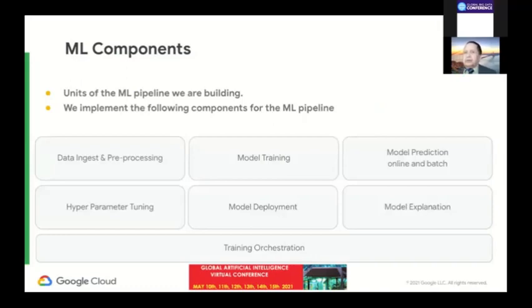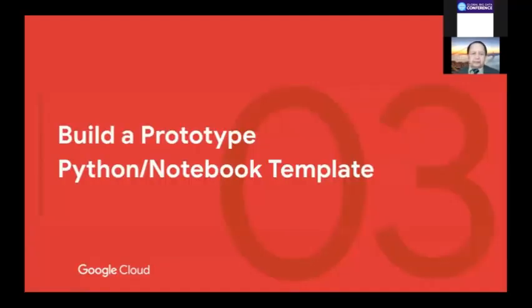Here are once again some of the components of the ML model: data ingest, pre-processing, hyperparameter tuning, model training, model deployment, prediction, online and batch, model explanation, and training orchestration. So we are going to implement all of this as the prototype, then deploy all of this as a Kubeflow pipeline.